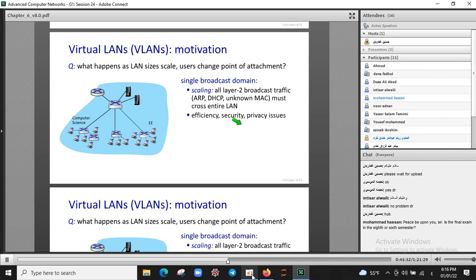But for example, I have some different parts or departments inside the university. Some departments, for example, computer department, electrical department, engineering department, science department, and something like that. Okay, and also I have some other parts, for example, education department, financial department, managerial department. Okay, there are several parts.